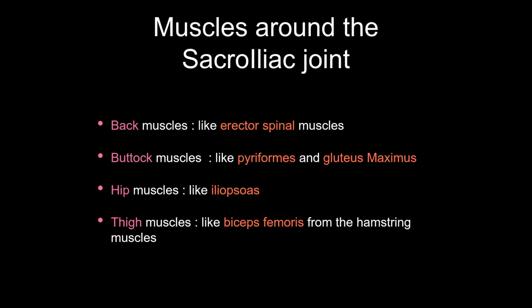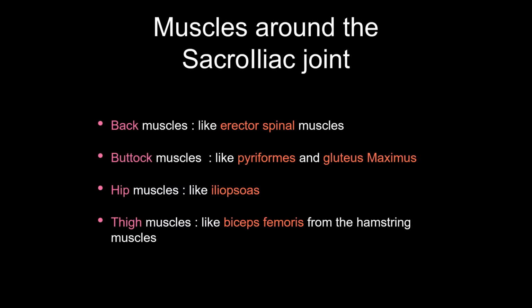Muscles around the sacroiliac joint: back muscles, as you know, the multifidus or the erector spinae muscles, and the buttock muscles like the piriformis and gluteus maximus, and the hip muscles like the iliopsoas, especially the psoas muscle, and the thigh muscles, the hamstring muscles, the biceps femoris.